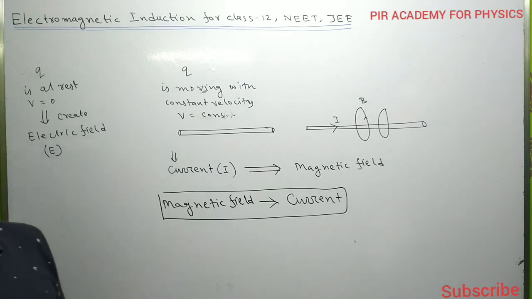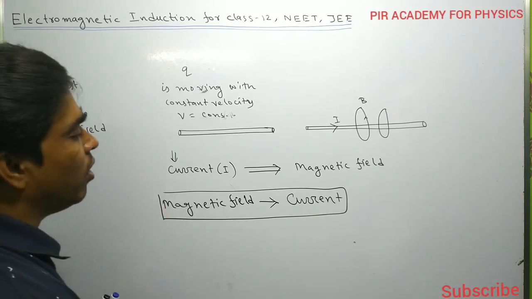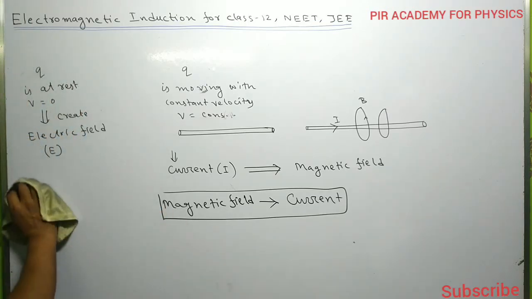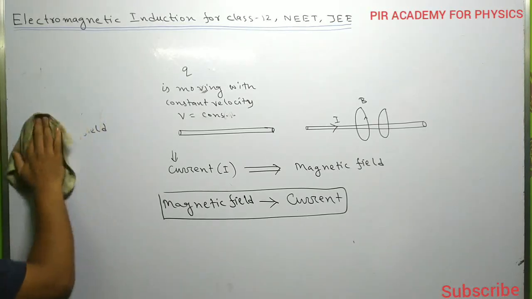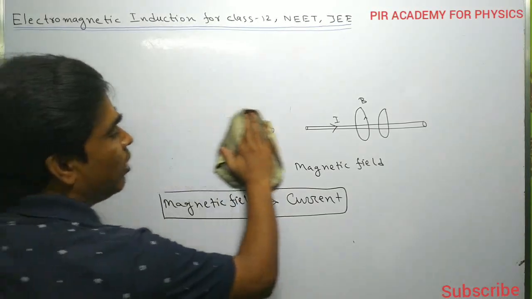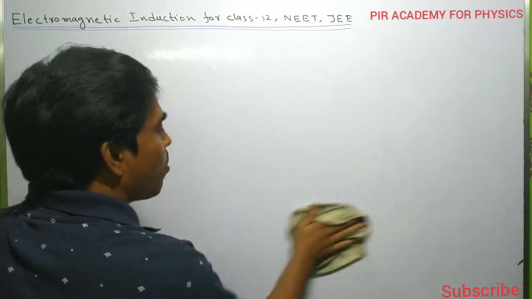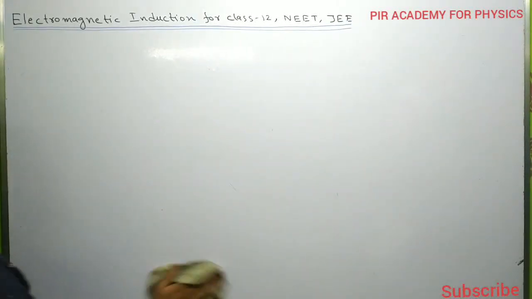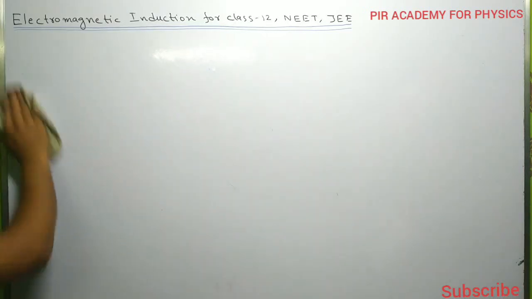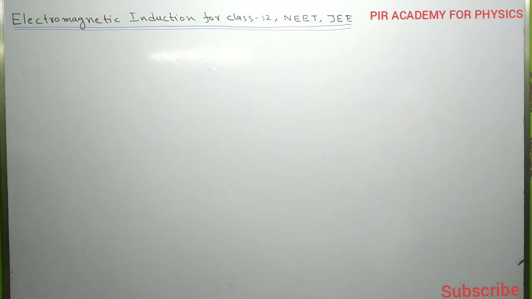In this chapter we will discuss the process and theory related to producing current with the help of a magnetic field.